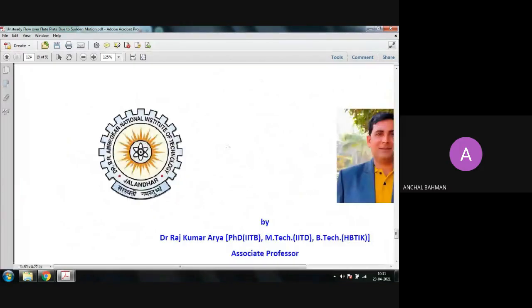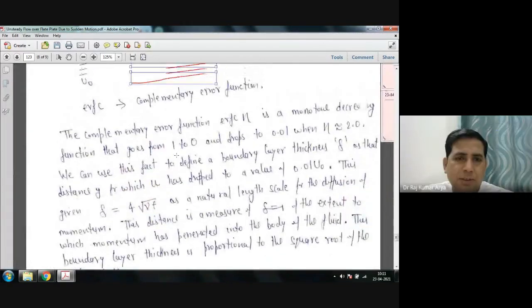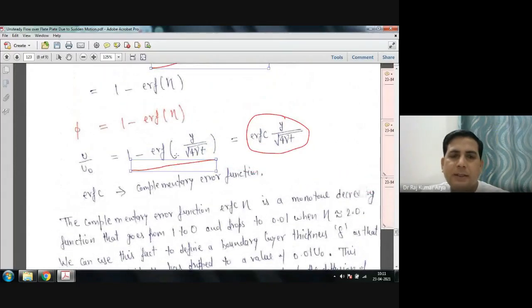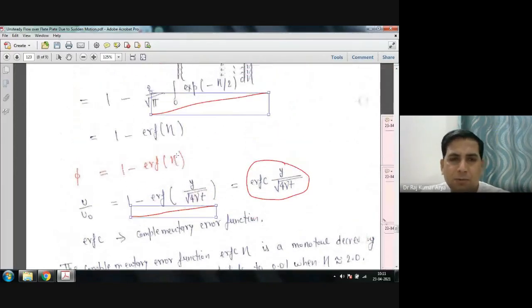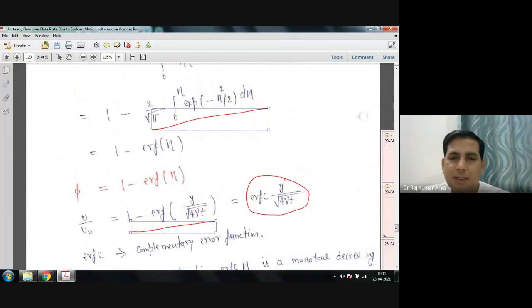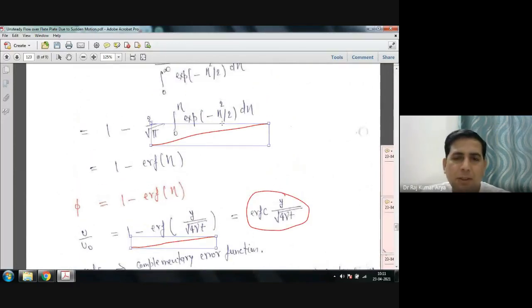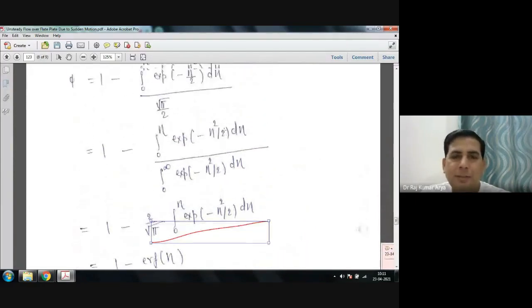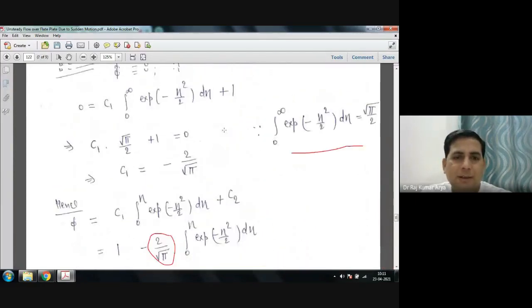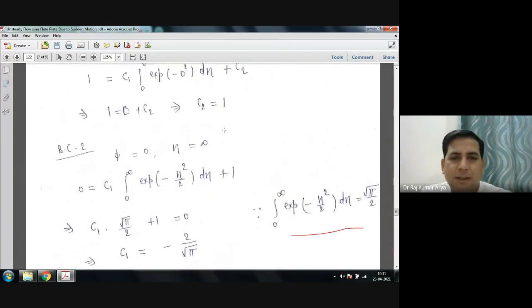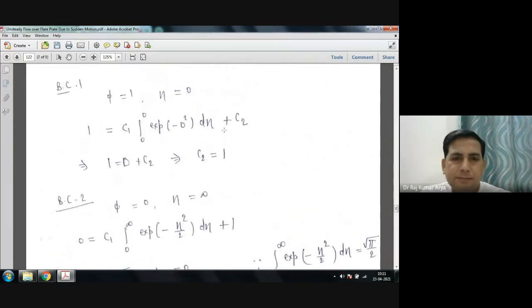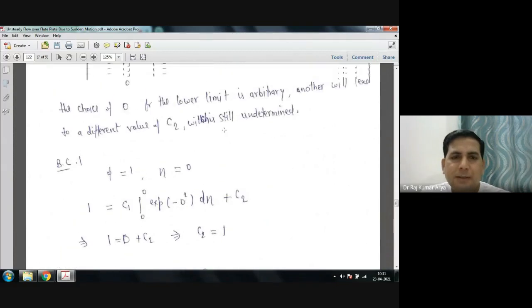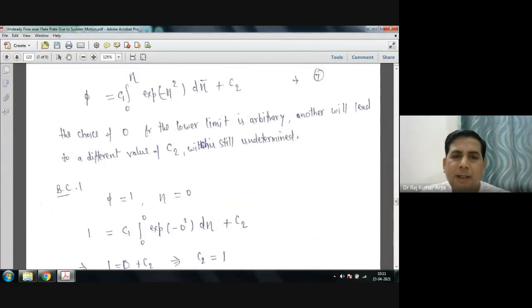So try to do it yourself, and now you would come to know. Somewhere I can tell at the end here, you have eta square by 2, right? And if you see back somewhere in our expression, here you have eta square only.